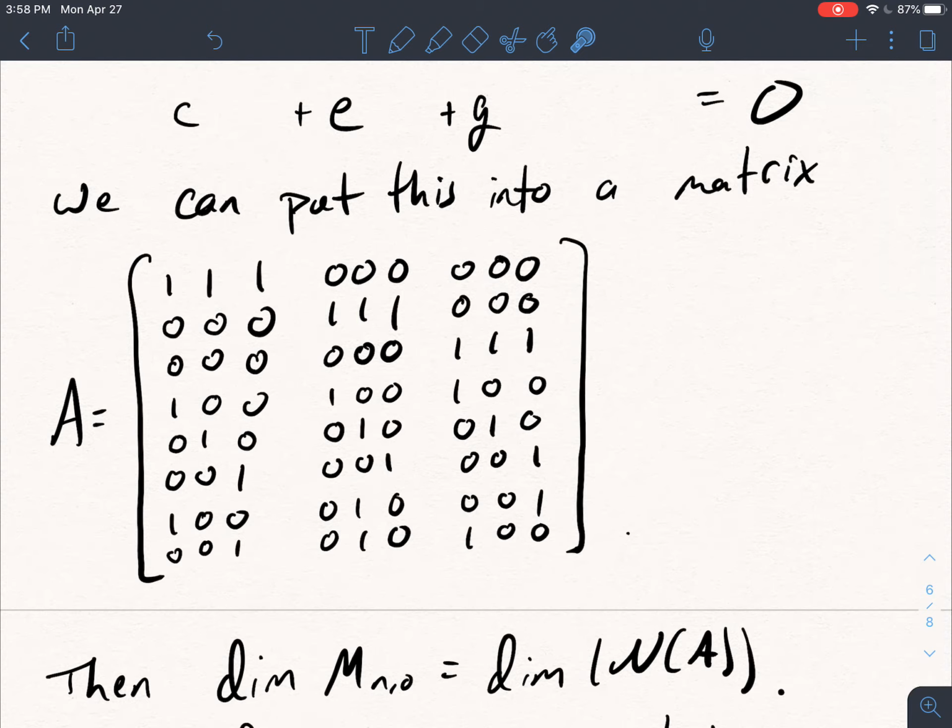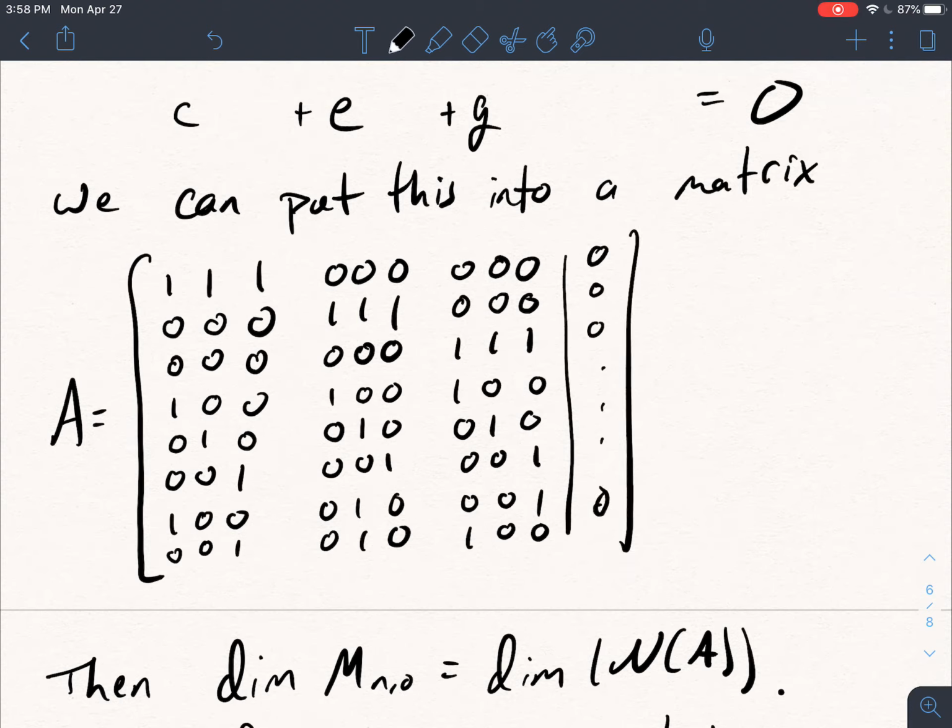So the dimension of m sub n0, you might have noticed already, is equal to the dimension of the null space of this matrix. If all of these equations are satisfied, we're looking at putting a whole column of 0s on the right. So the set of solutions to the homogeneous system that this matrix represents is exactly the null space, the set of solutions to Ax equals 0.